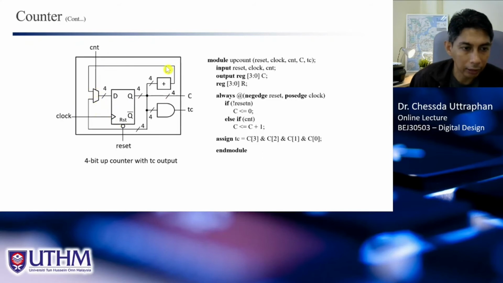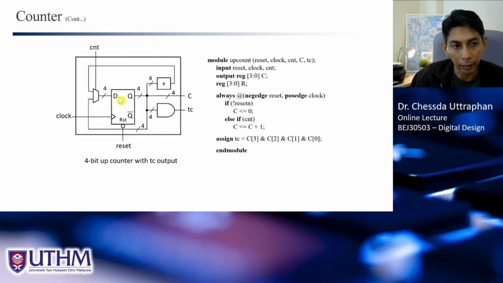And this is another counter, a variation of counter, where this one will count until a certain number and give a signal that tells you that the number that we want to detect is detected. So for example, if all we want to know is whether the counter is full or not, it means that it has counted to the full capacity of this counter already.